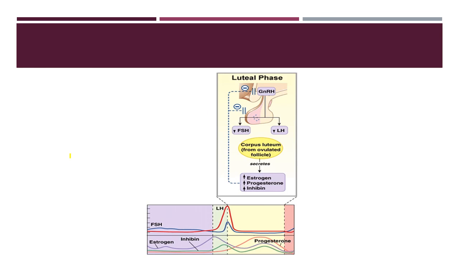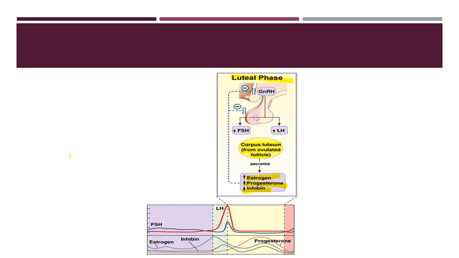And in this schematic representing the luteal phase, both LH and FSH will have a positive effect on the corpus luteum to secrete estrogen, progesterone, as well as an inhibitory factor that is called inhibin.